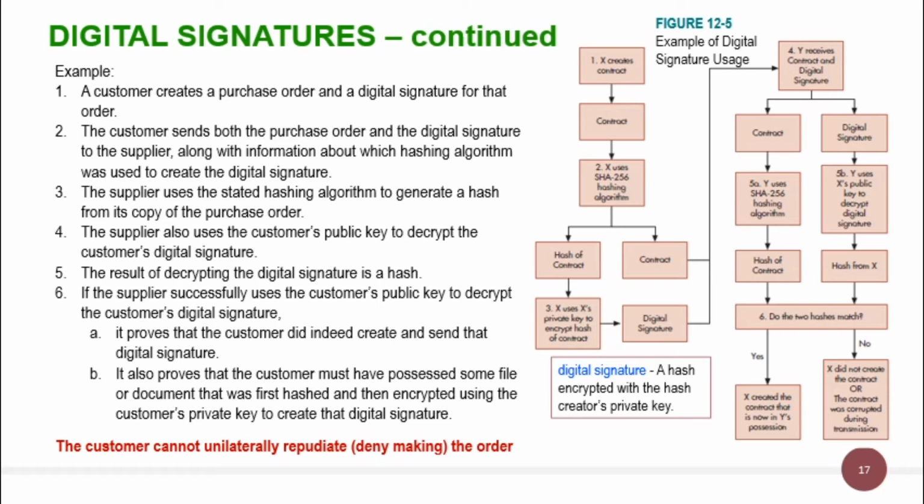If the decryption of the hash is the same as the hash the supplier computed, then it is verified. If the supplier successfully uses the customer public key to decrypt the customer digital signature, it proves that the customer did indeed create and send the digital signature.